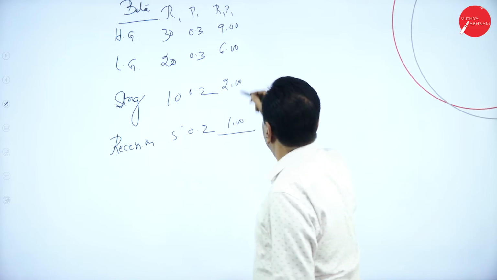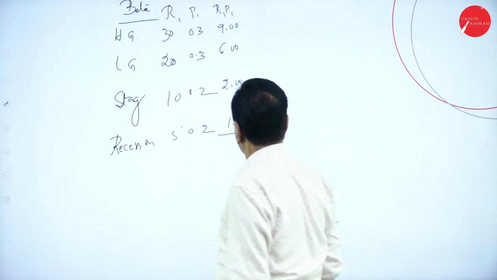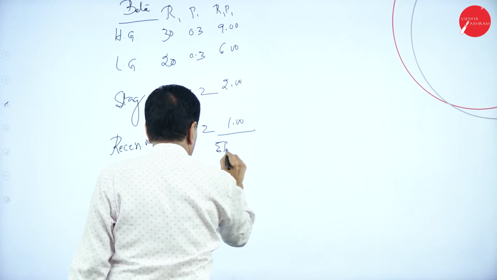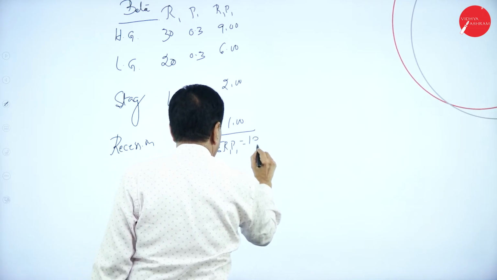Add the figure. 9 plus 6, 15, 17, 18. Sigma R1P1 is 18.